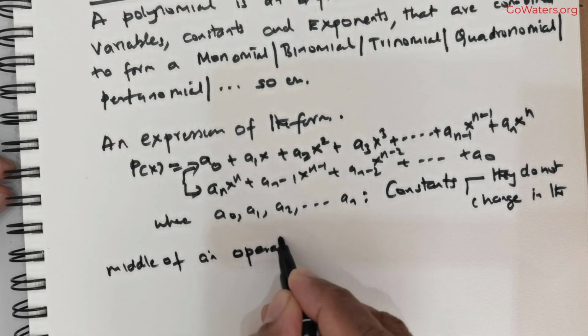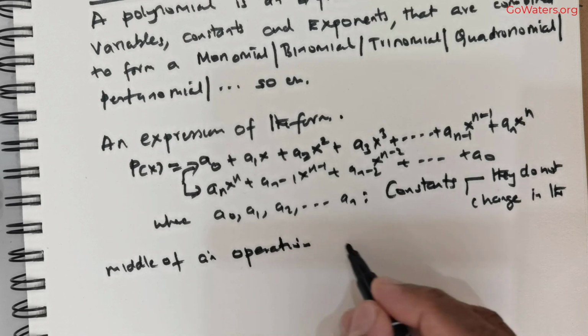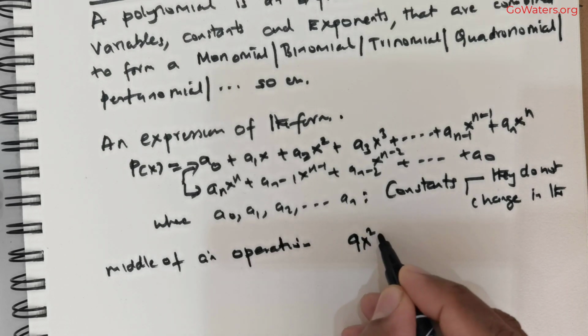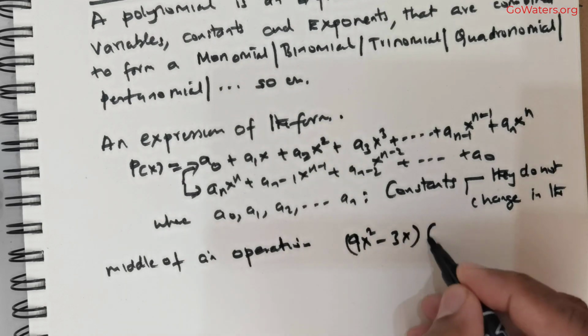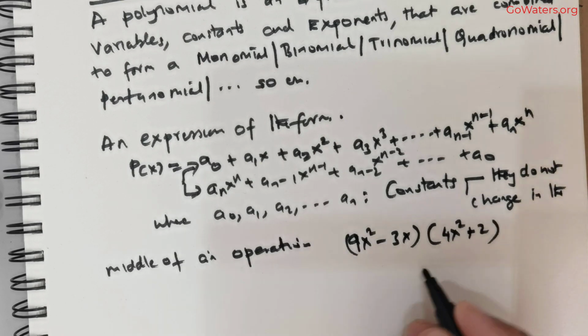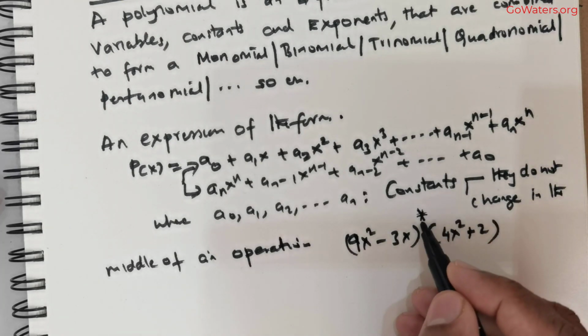Now when I say operation, say for example, you are multiplying two expressions of this fashion, say 9x squared minus 3x, and then you're multiplying it with 4x squared plus 2. When you multiply, there is an operation that has been performed, that is multiplication.